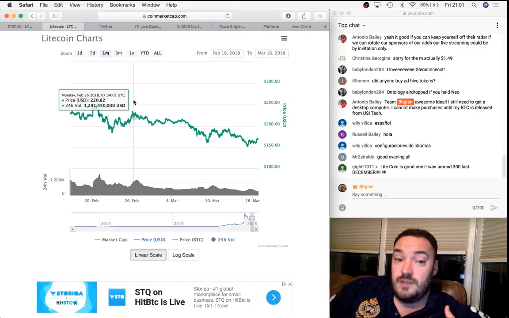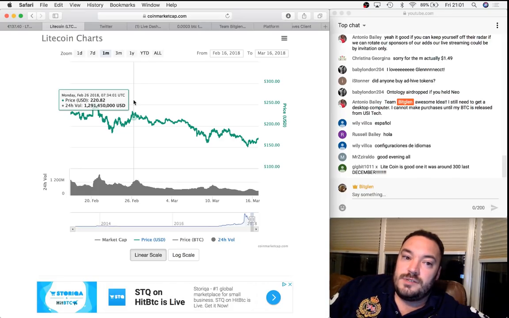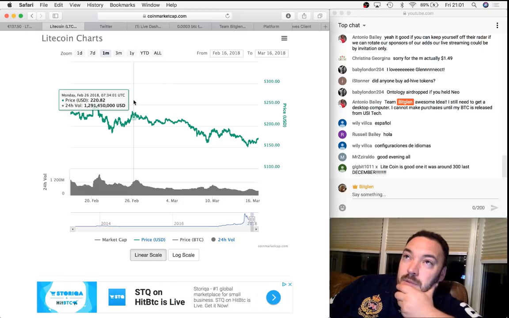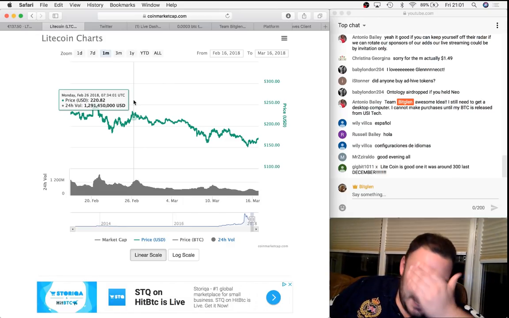So therefore, obviously, if I bought my Litecoin at 165, and it went back up to sort of 220, I can't work that out percentage wise. What's that?